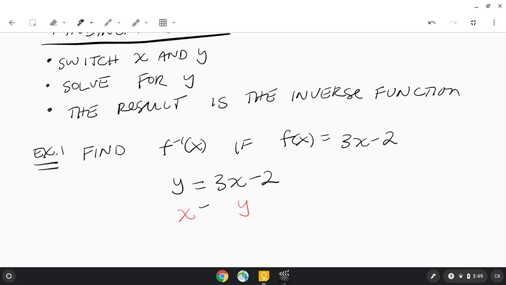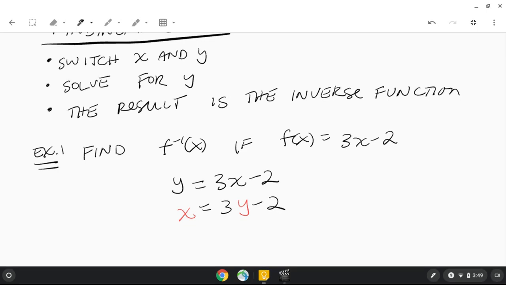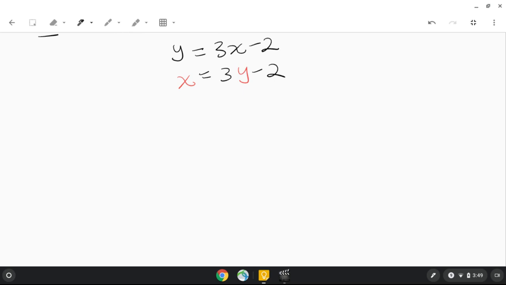Okay, so here we go. All we did was switch the x and y, and now we can solve for y. Add 2 to both sides. So I get x plus 2 equals 3y.